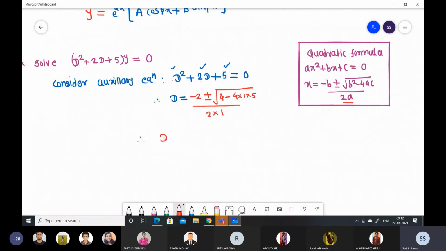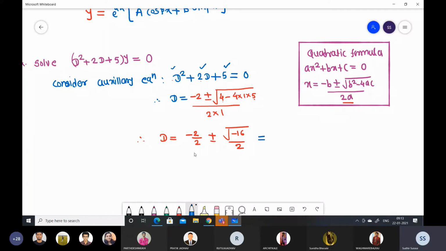Solving further, D is equal to minus 2 divided by 2 plus minus square root of 4 minus 4 into 5, which is 20, so 4 minus 20 is minus 16, divided by 2. Inside the root we have a negative number, so it belongs to the complex family.